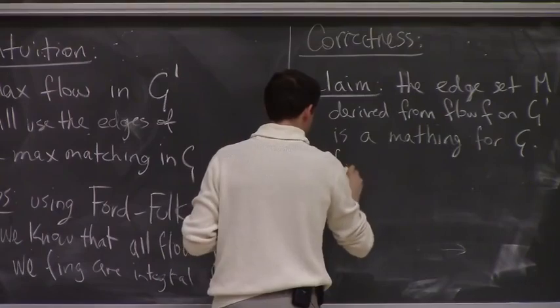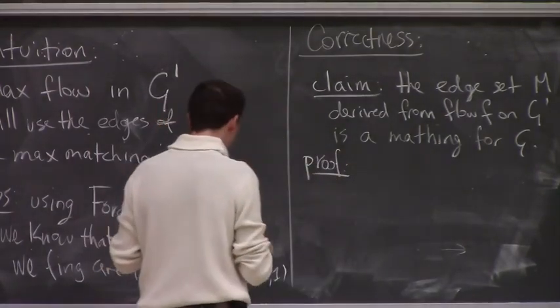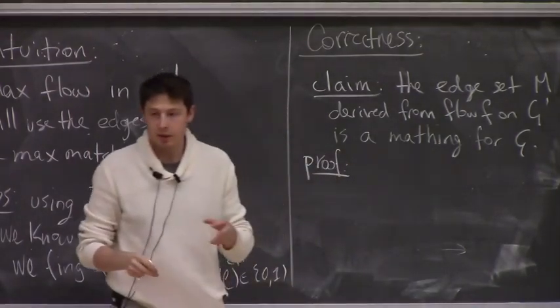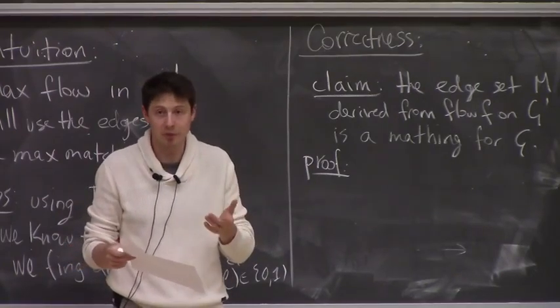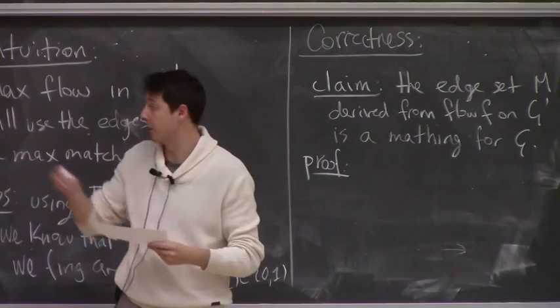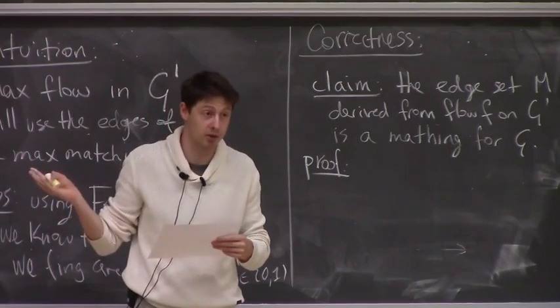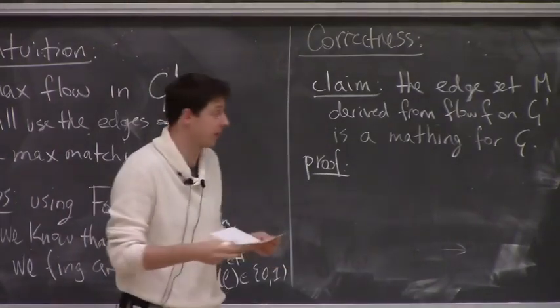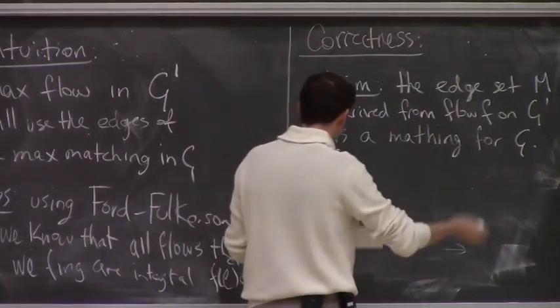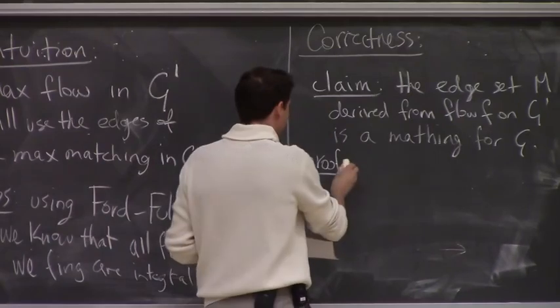So let's convince ourselves of that. So look, it is definitely an edge set. So for it to not be a matching, it would have either an L collision or an R collision, right? That's the only way it cannot be a matching. And it's certainly an edge set, right? So it's not like I'm outputting a cat. I'm outputting a set of edges, right?